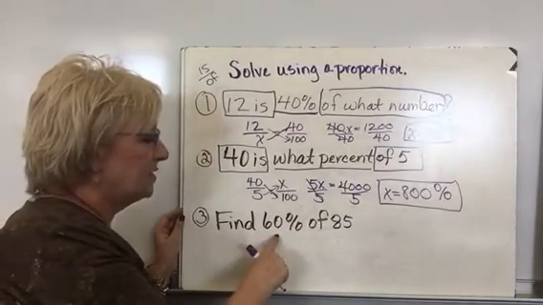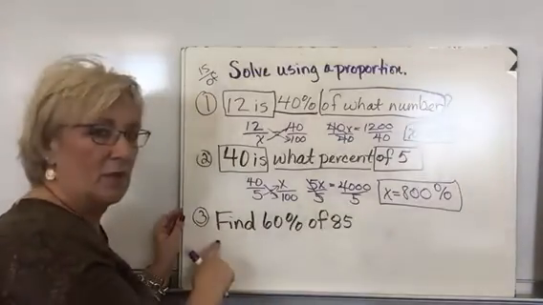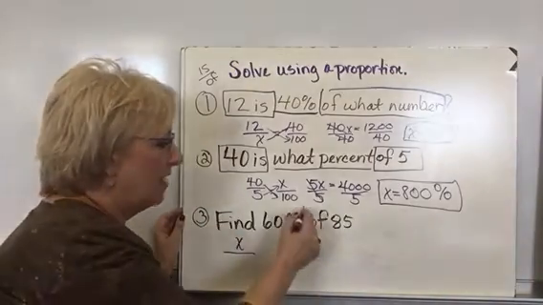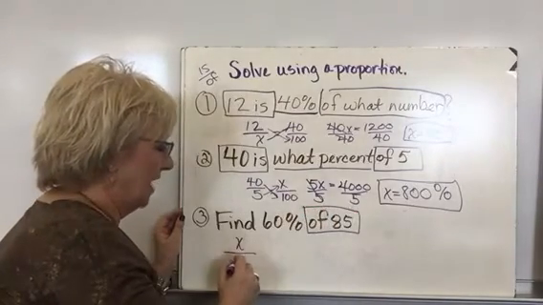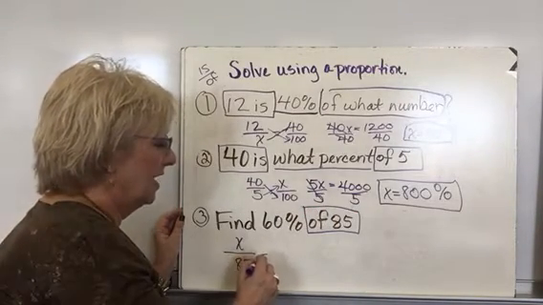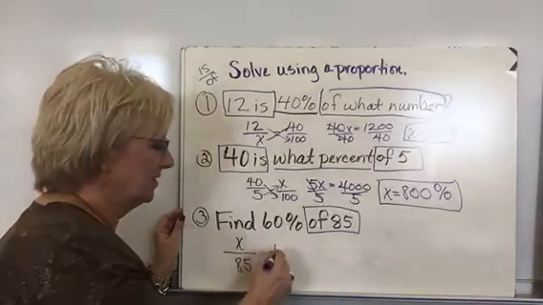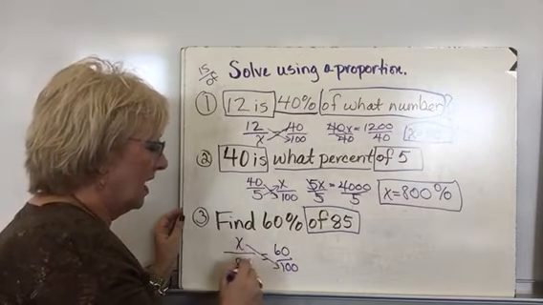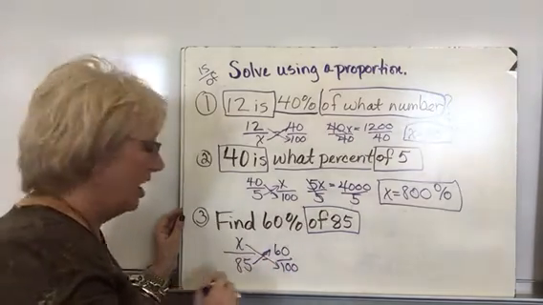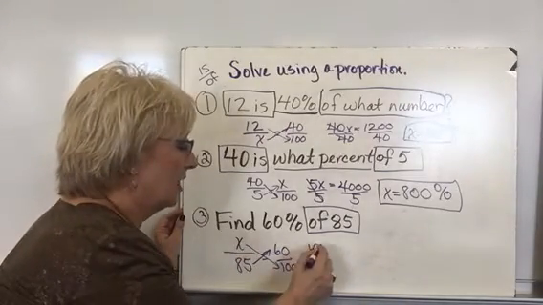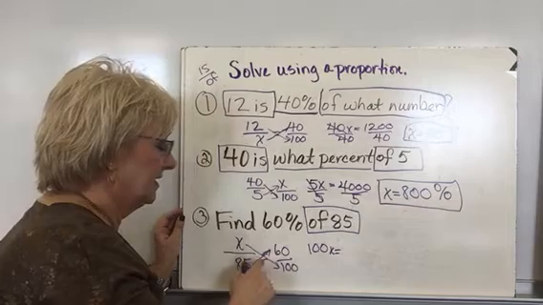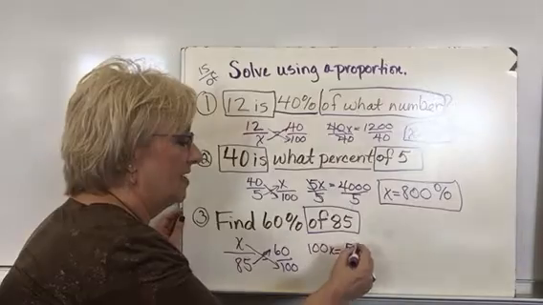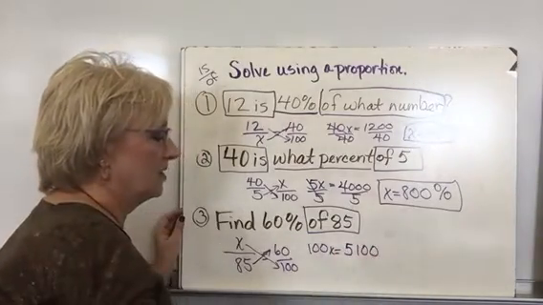Now we're going to find 60% of what number? The is number is missing. So this is the is. I don't know what it is, so I'm going to make it an x. My of number is 85, so I'm going to put 85 in the denominator, equal to 60%, which is 60 over 100. Cross multiply, and I'm going to use my calculator here because I'm going to say x times 100 is 100x equals 60 times 85, which I know if I plug it into my calculator is going to be 5,100.